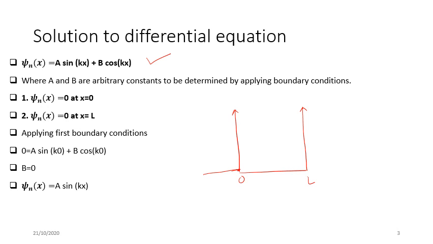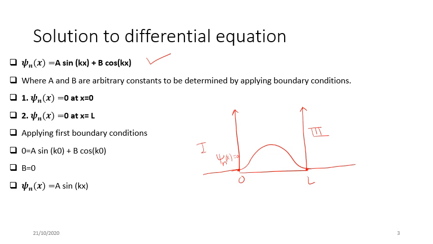It will start from 0 in the second region, something like this, and it is 0 in the first region and in the third region. If it is continuous, then the wave function in the first region, which is 0, should be equal to the wave function in the second region at this point.